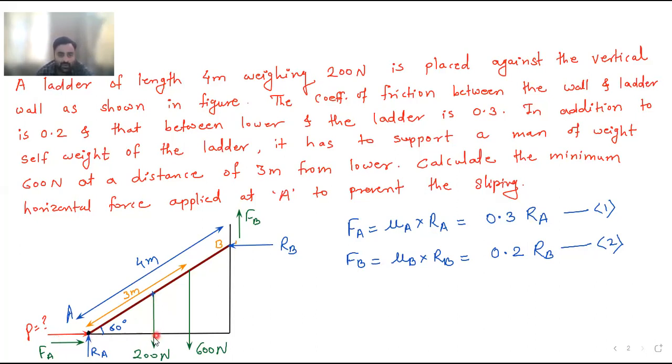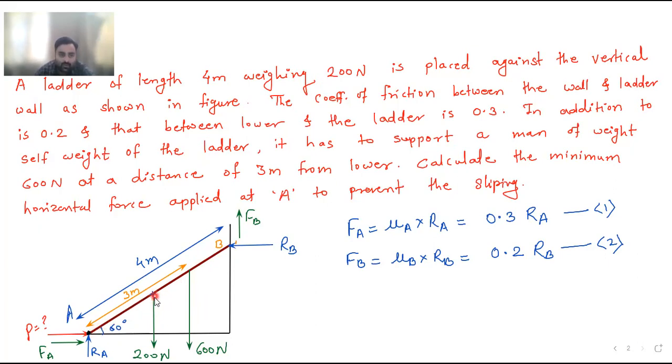So this distance we need to find out. If this angle is 60 degree and this distance is 2 meter, because this total is 4. What is 200? It is the self weight of the ladder, so it acts at the center of the 4, which means it is 2 meter.